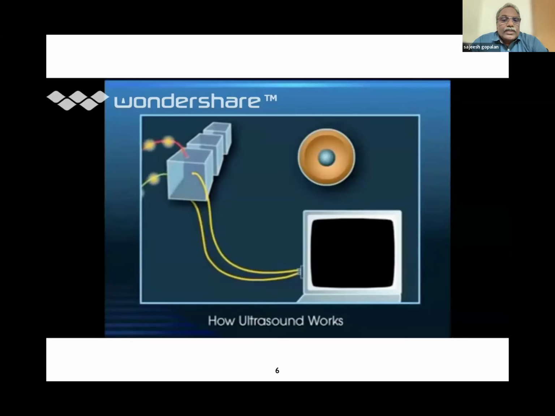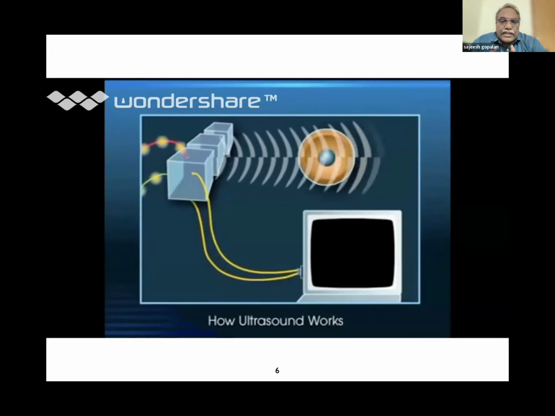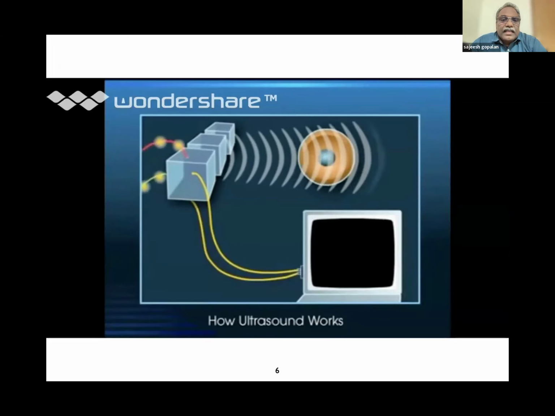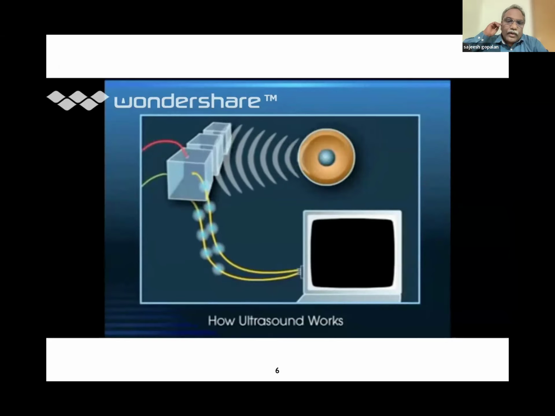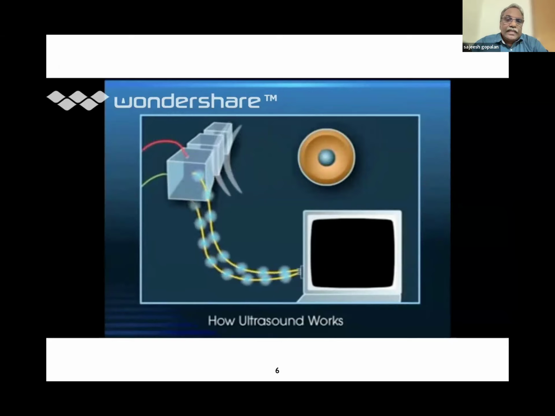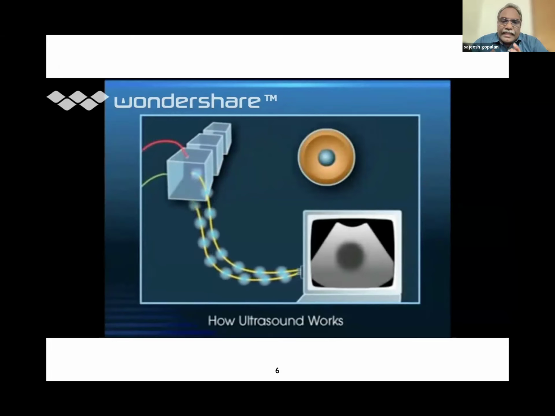So here what is happening is that when electricity goes into the transducer, there are the piezoelectric crystals that vibrate, and the ultrasonic waves go into the body as a pulse wave, and the return portion, that is the echo portion, again comes to the footplate, and the piezoelectric crystal vibrates, and the mechanical energy is converted back to the electrical energy.